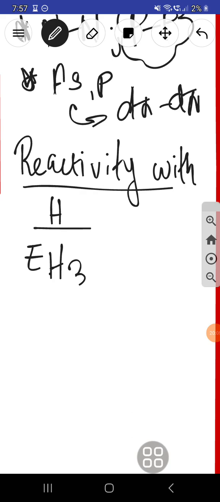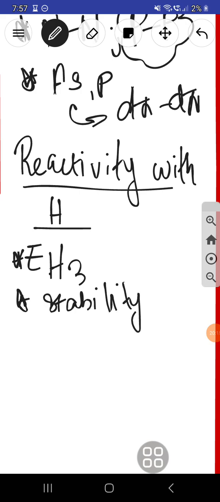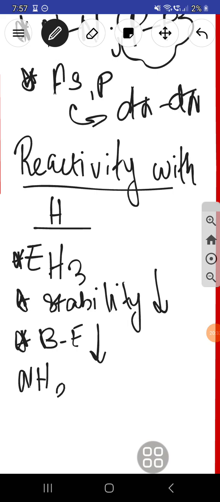Next is the stability: stability decreases as we go down the group. From the decrease in stability, we can understand that the bond dissociation enthalpy will also decrease as one goes down the group. So the bond dissociation enthalpy for the hydrides is greatest for NH3, then decreases as we go down the group.